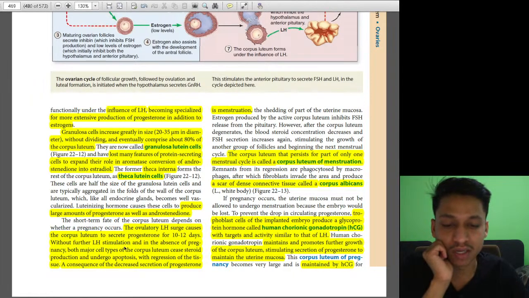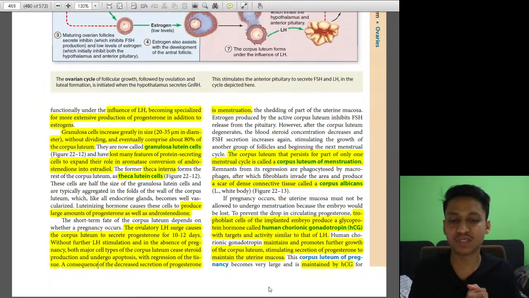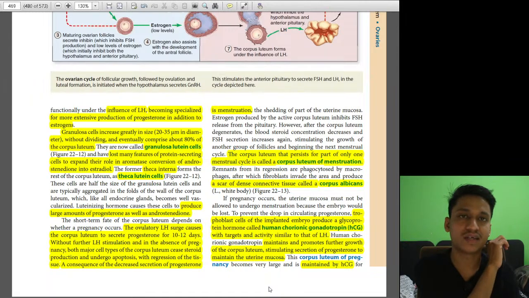Without further LH stimulation and in the absence of pregnancy, both major cell types of the corpus luteum cease steroid production and undergo apoptosis. The regression of the tissue, a consequence of the decreased secretion of progesterone, is menstruation. This is what menstruation is, just after the LH surge.